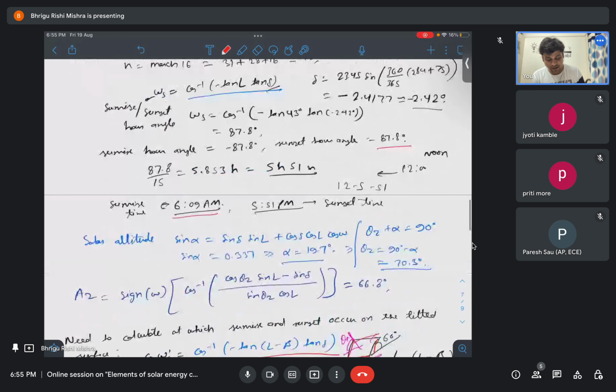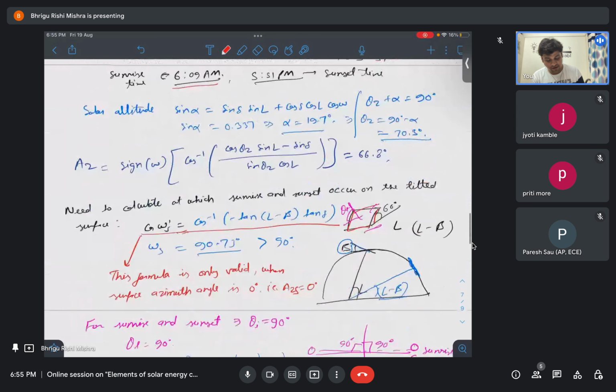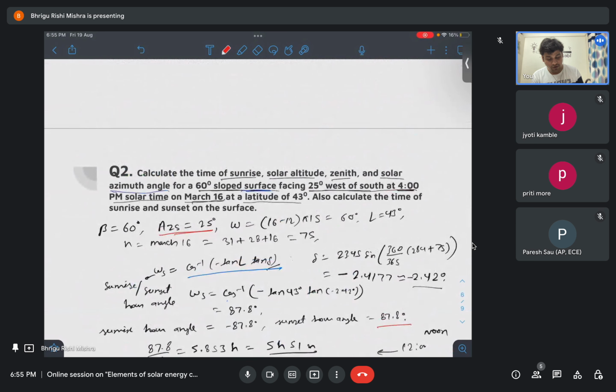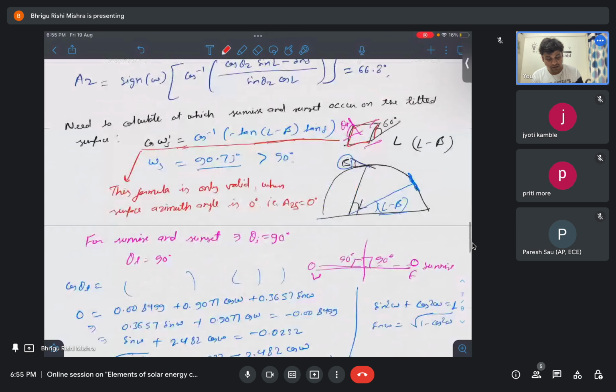For the horizontal surface we use simple formulas, but for the tilted surface, simply replacing L by L minus beta won't work, because this formula is only valid when the surface azimuth angle is 0 degree, that means your surface is towards the south. Since here the surface azimuth angle is not 0, it is around 25 degree, we can't use this formula.